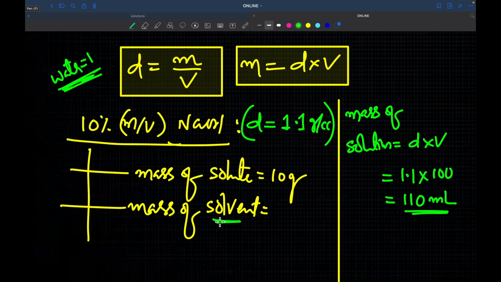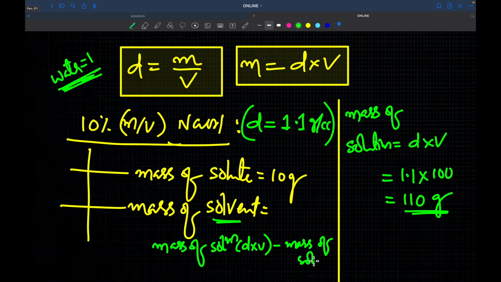Sorry, volume kaadandi, idi mass, in grams. So mass of the solvent equals mass of solution, which we obtained by D and V, minus mass of solute. So with this you will get it.